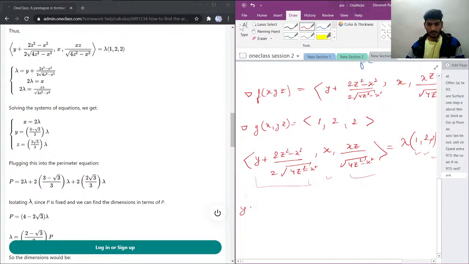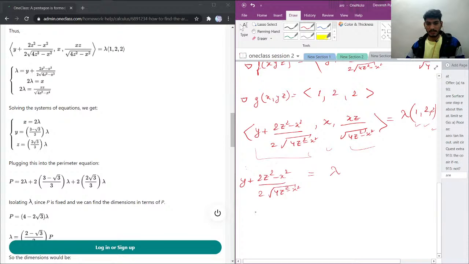So we have y plus 2z square minus x square over 2 times square root of 4z square minus x square, which is lambda. Then we have x equal to 2 lambda. Then we have xz over square root of 4z square minus x square as 2 lambda.